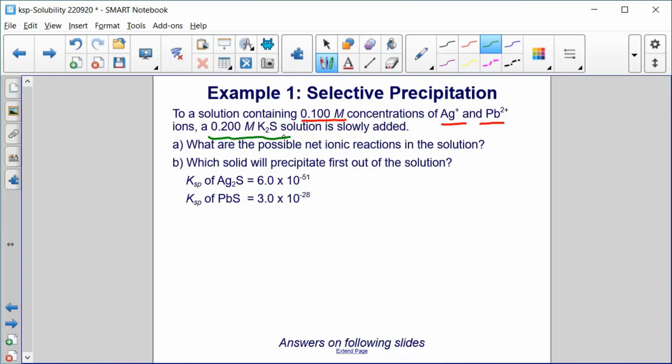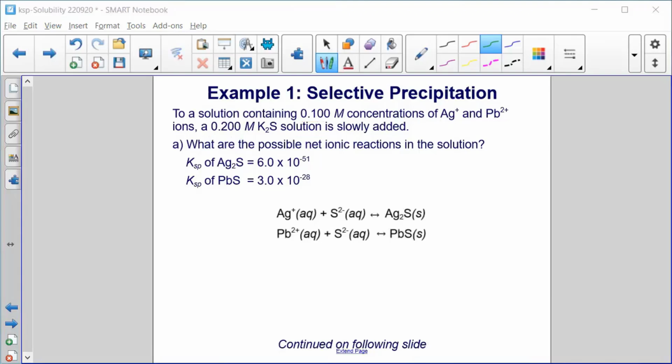And B, which solid will precipitate first out of the solution, given the Ksp of silver sulfide is 6.0 times 10 to the minus 51, and the Ksp of lead(II) sulfide is 3.0 times 10 to the minus 28.